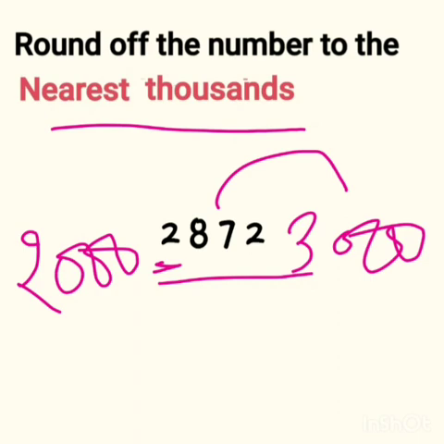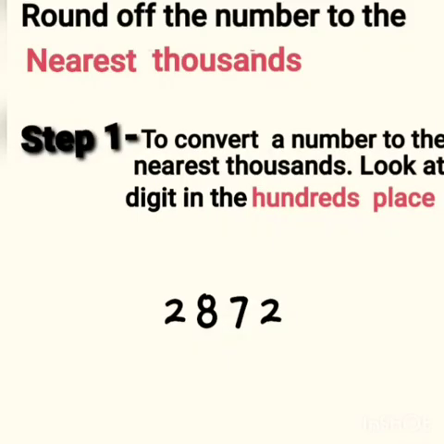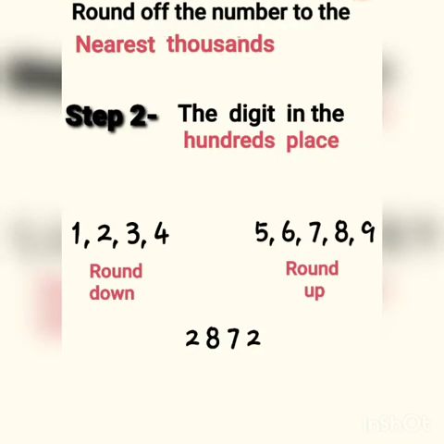So 2872 lies between 2000 and 3000. Now if I round it off to the nearest thousand, what will it become? So let us see the rule. The first step is to look at the digit in the hundreds place, right? So now instead of the ones or tens place, I look at the digit in the hundreds place, which is 8. Now if the digit is 1, 2, 3, 4, I round it down.